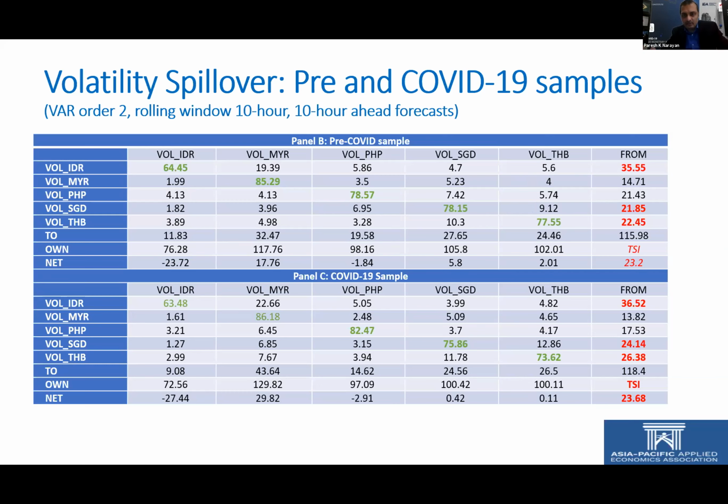Again, the standout currency in this pre and pandemic phases is the Indonesian currency, with about 36% of the variance in the volatility coming from shocks to other exchange rates in the system, which is the Asian region.